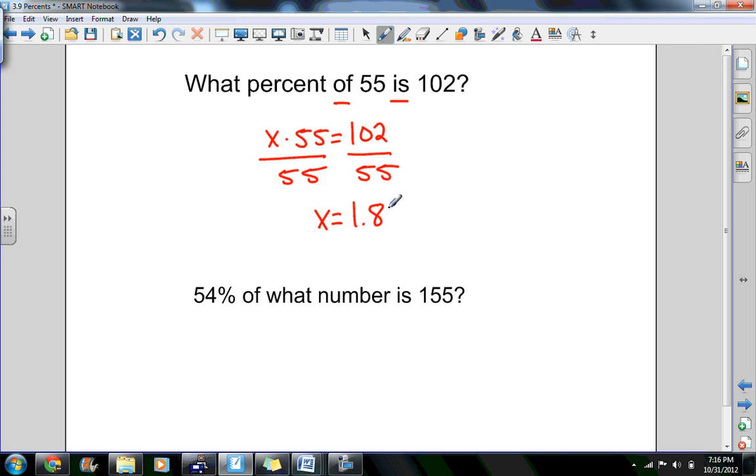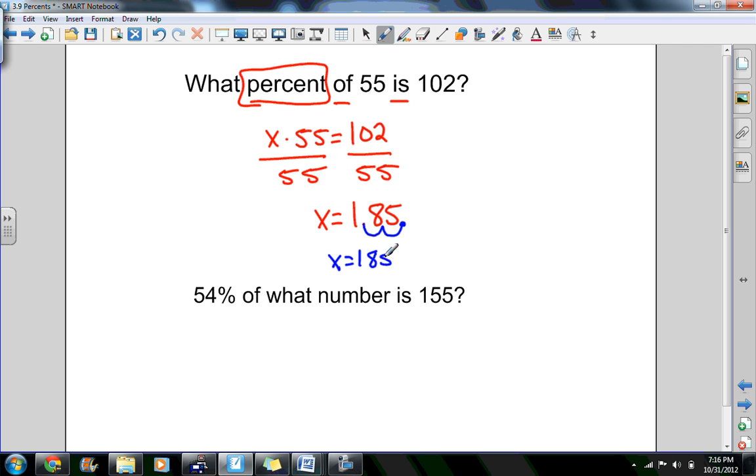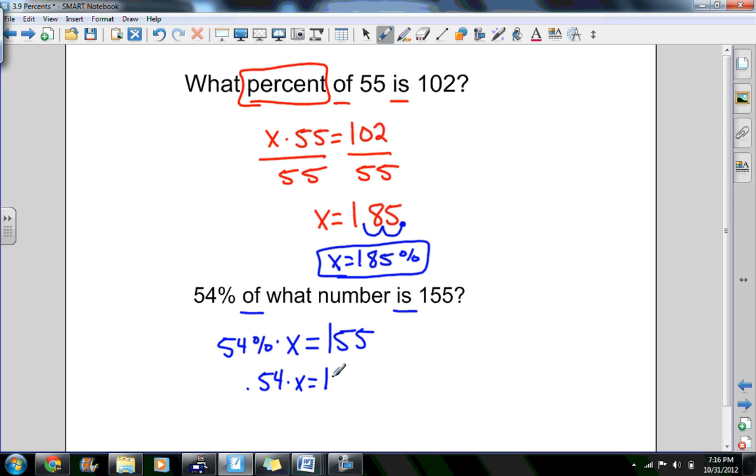Now this is a little bit different. It asks us for a percent, so we have to turn that decimal into a percent, meaning we have to move that decimal twice to the right because we got to make it bigger. So x equals 185%. And down here on the bottom, we get 54% times x equals 155, or 0.54 times x equals 155.